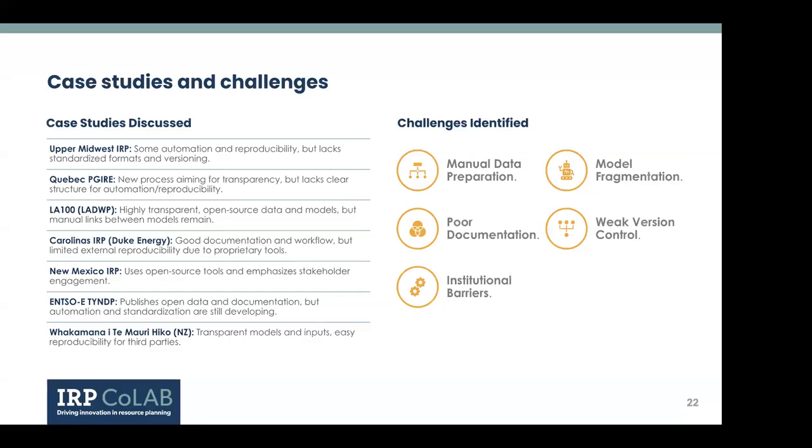And finally, we looked at the 10-year network development process in Europe. If you're not familiar with this, but you are interested in IRP-like processes, this is a very interesting one to look at, because ENTSO-E is the organization of all European transmission system operators.